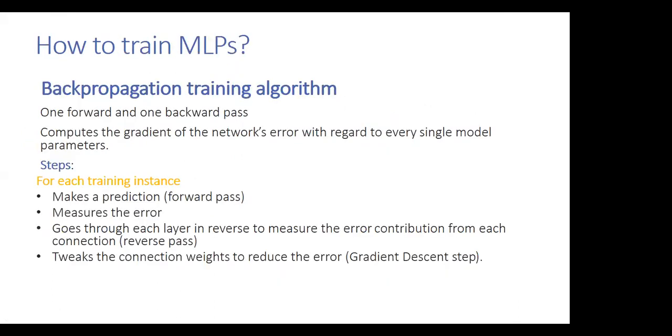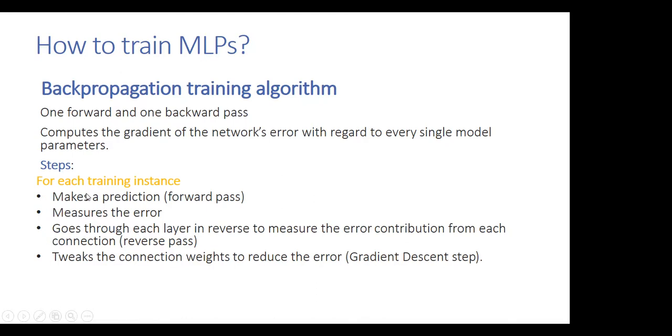And the next step is how to train MLP. We can use a backpropagation training algorithm, which consists of one forward and one backward pass, and computes the gradients of the network's error with regards to every single model parameter, the weights. And the steps are as follows.